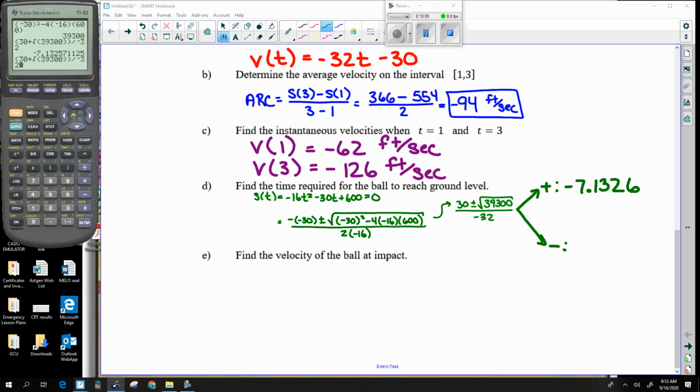And then the minus answer is 30 minus the square root, 5.2576. Again, these are times, so again, the negative 7 seconds doesn't make any sense. So my answer would be 5.2576 seconds.